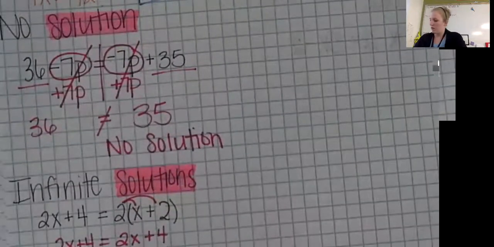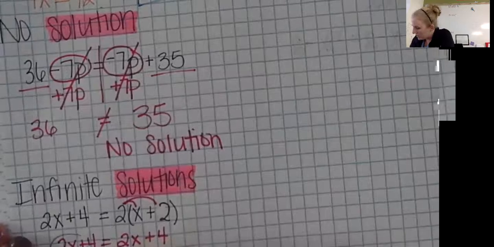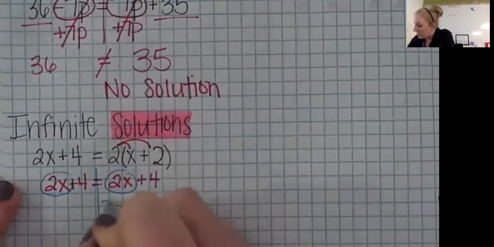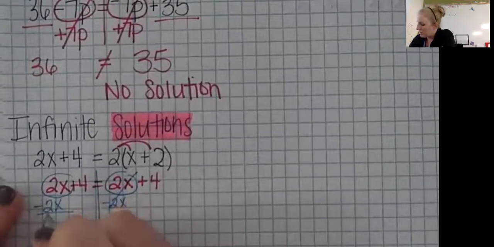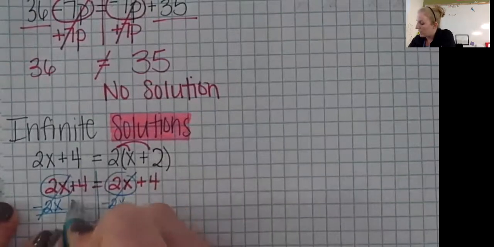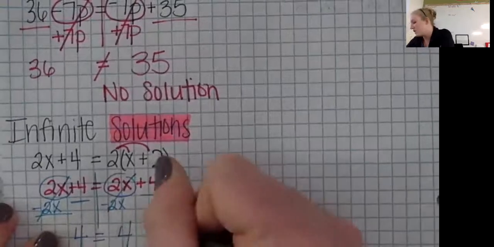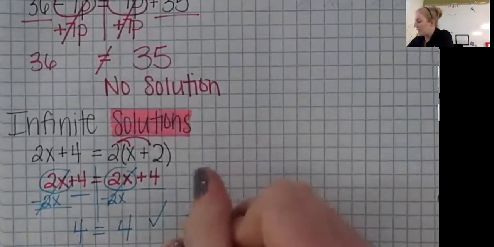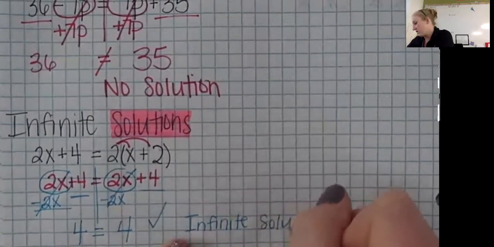So what you're going to see when you solve this: we have 2x and 2x, again on opposite sides of the equation, so I'm going to subtract one of them. 2x minus 2x cancels, 2x minus 2x cancels. We're left with 4 equals 4, which is true. That means the two equations are exactly the same, meaning it is infinite solutions.